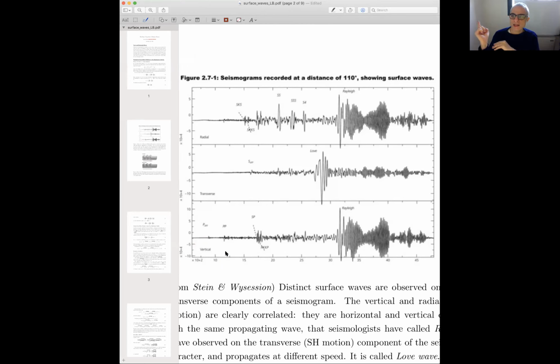So if you trace a great circle, or if you prefer to think in two dimensions, a straight line from source to receiver, the radial component is the component that points in the direction of this straight line. It points from the source to the receiver, and the transverse component is perpendicular both to radial and to vertical.